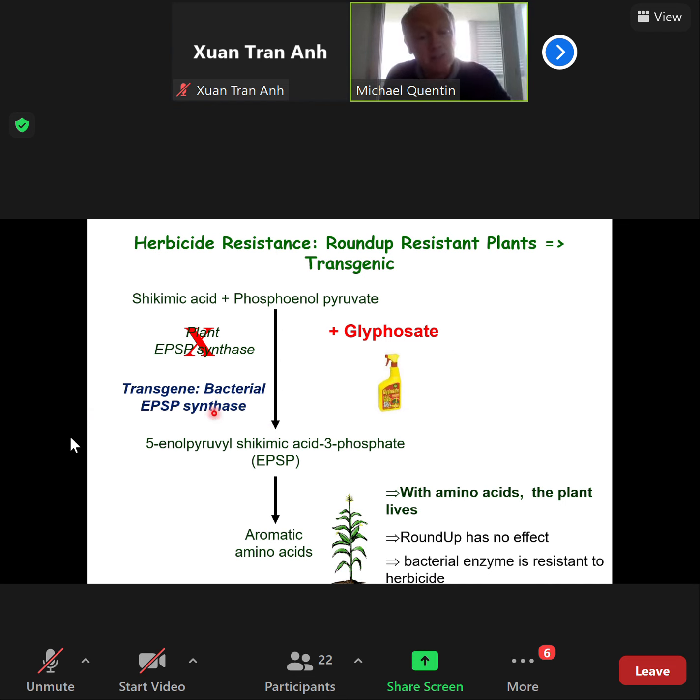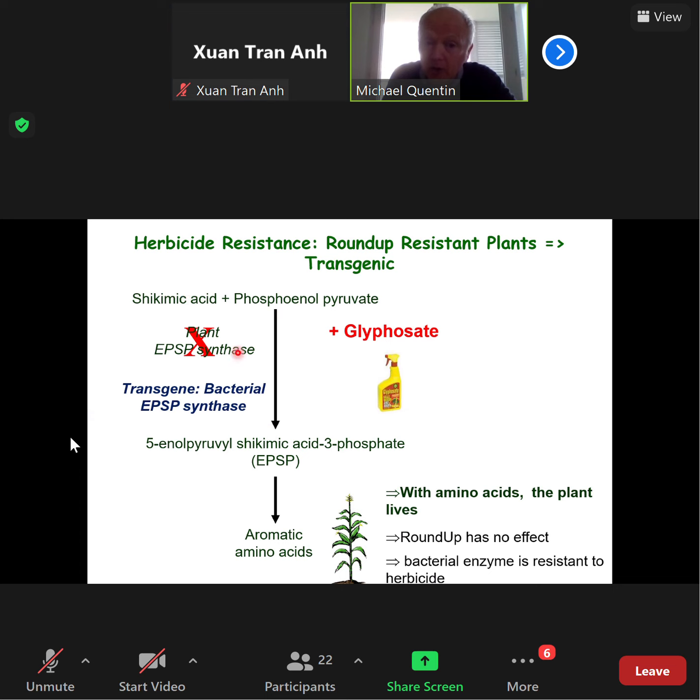So this enzyme will act and allow the production of EPSP. The plant will use this EPSP as a precursor to produce aromatic amino acids, and the plant will be able to produce proteins and to survive. Okay? So finally, you will be able to select plants by treating with the herbicide.